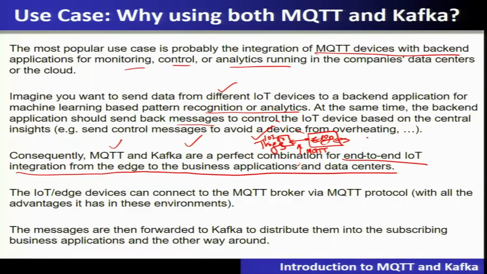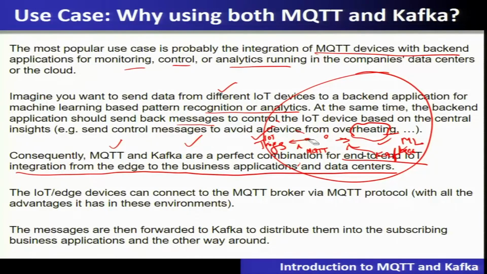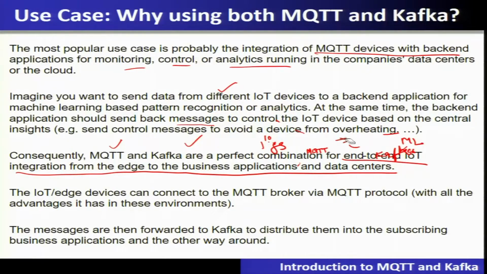When they want to connect to the cloud for machine learning, then you require data ingestion at a higher level if the application is quite big, and here you have to use Kafka. So both MQTT and Kafka are used in this particular situation.